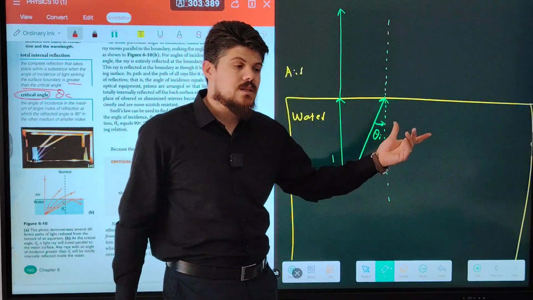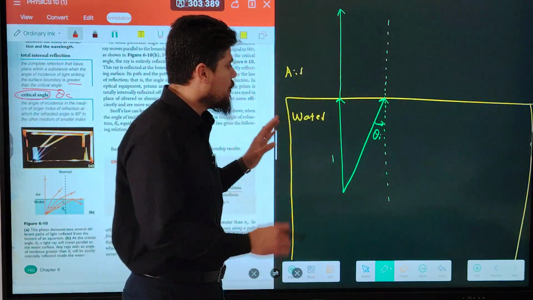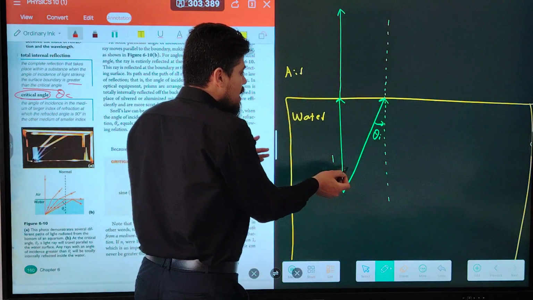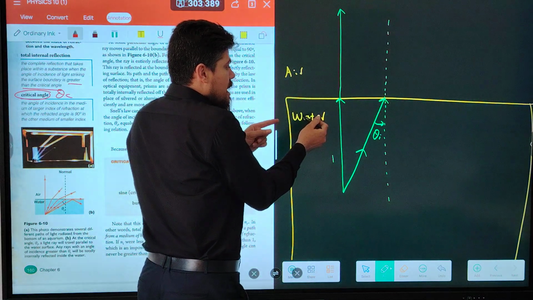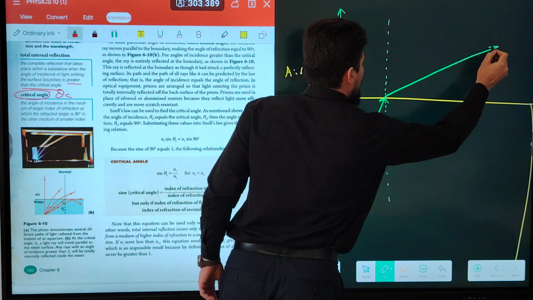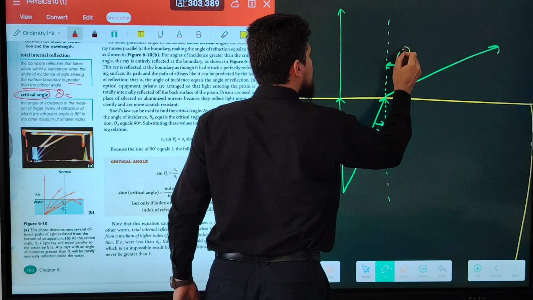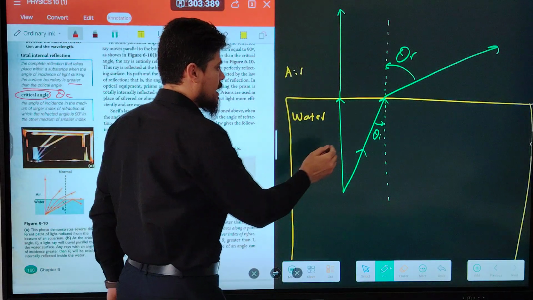But which type of bending? Toward the normal or away? We have to look at the two substances. The light travels from high density to low density. When the light travels from high density to low density, it bends away from the normal. This is theta r. Is that clear? This is the second ray.